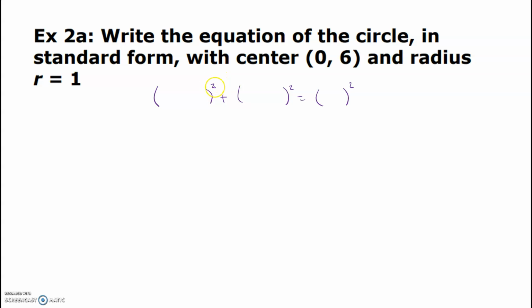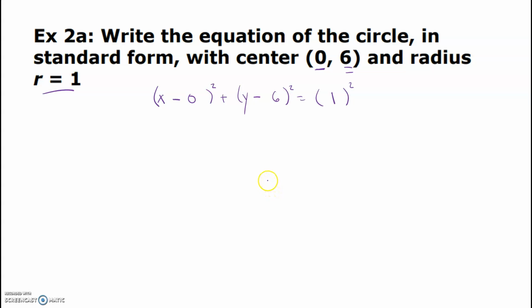Those exponents. Now remember, this was an X, this was a Y. So it's your X coordinate of your center point. So we're going to say X minus, in this case, 0. And Y minus, in this case, 6. Right, so there's my center point plugged in. And my radius is 1.